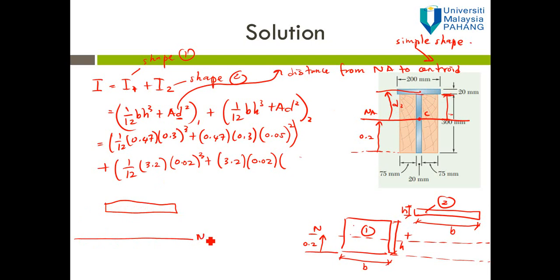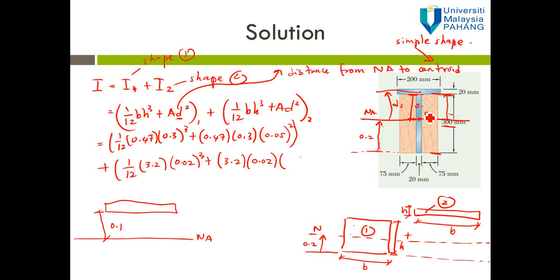So that is the neutral axis. From here to here is 0.1, because this is 0.2. The total height from here to here is 0.3, because this is 0.2. So here will be 0.1 from the neutral axis to here.